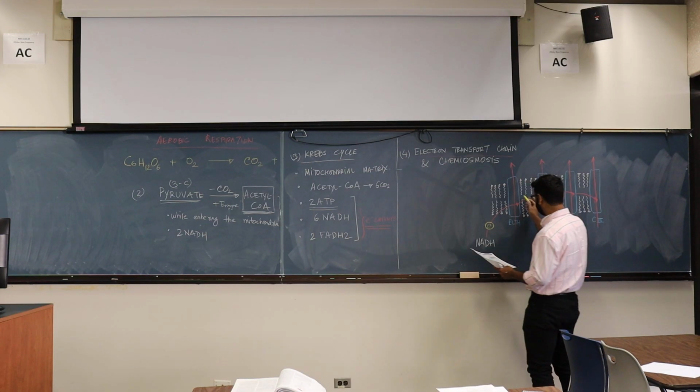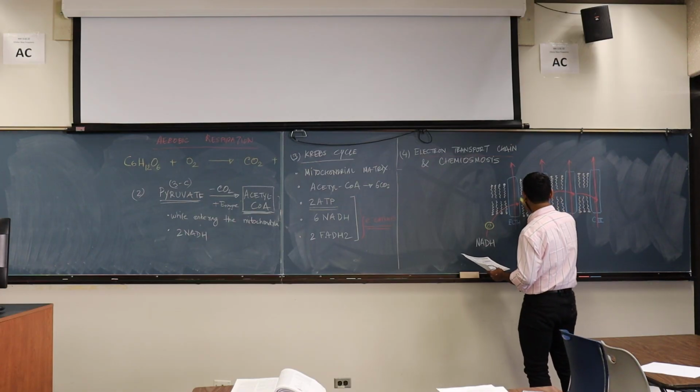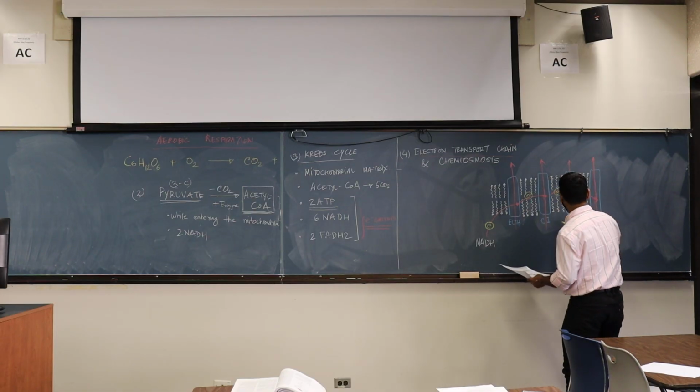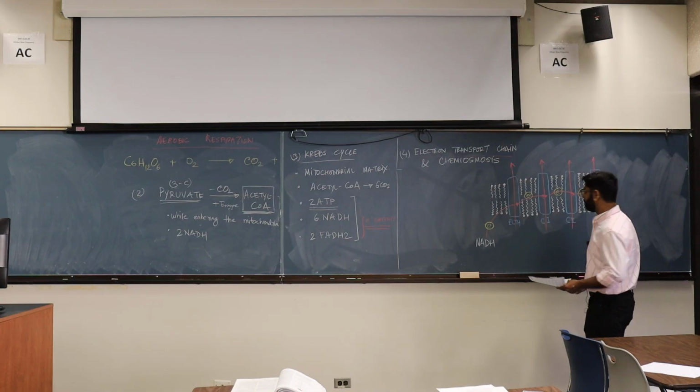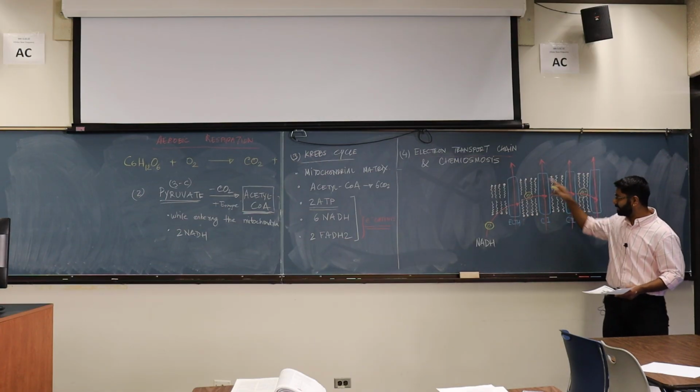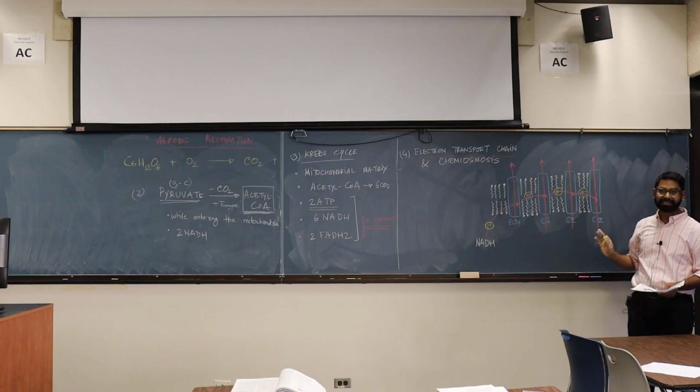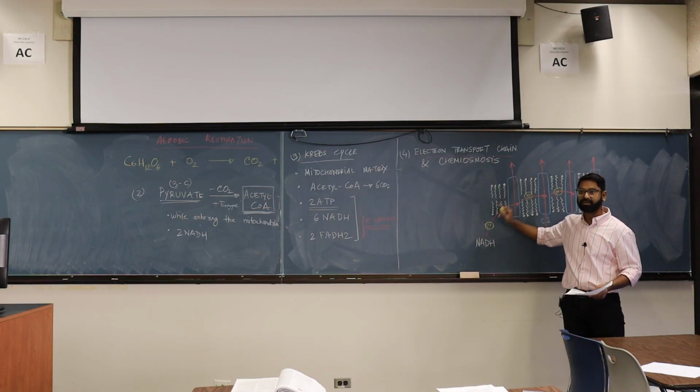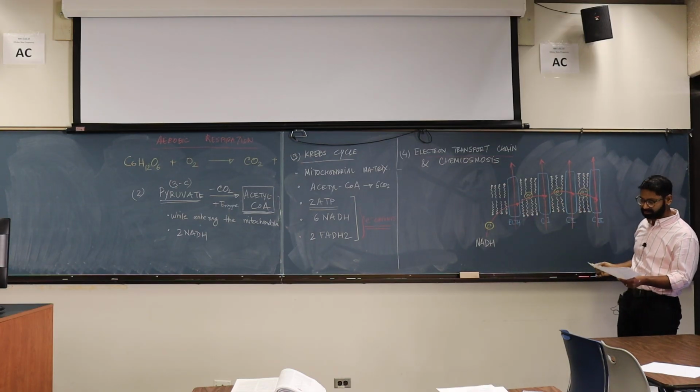So the same electron is now moving from one gate to the other and sequentially it is losing its energy. It's a highly energetic electron and then sequentially it is losing its energy.